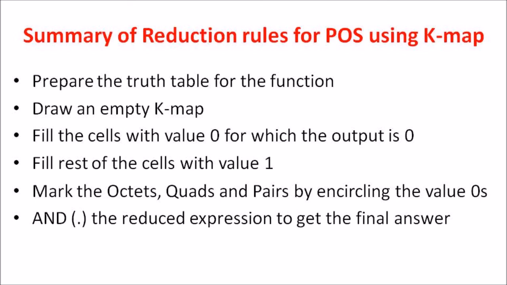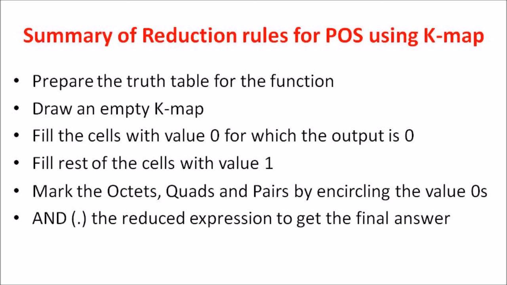Fourthly, fill the rest of the cell values with 1. And fifth point is mark the octet, quad and pair by encircling the values of 0. Also we should check the map rolling, map overlapping and remove the redundant groups, and finally add the reduced expression to get the final answer.